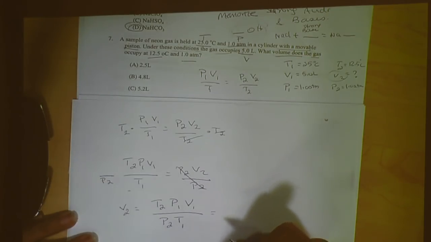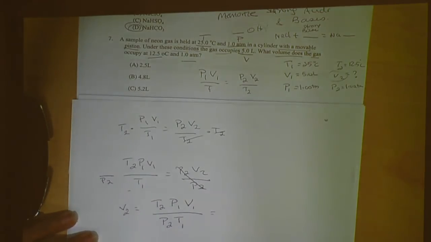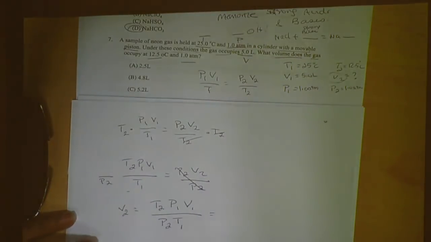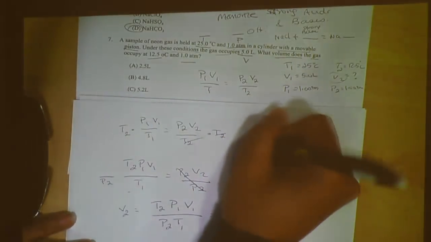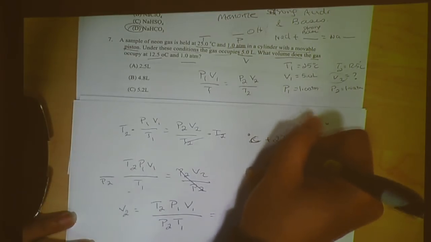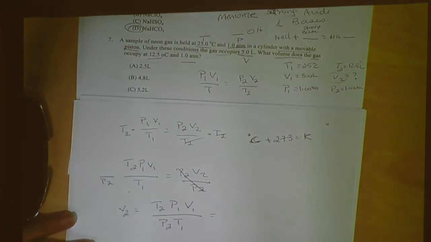Also, because these are gas laws, always convert degrees Celsius to Kelvin, and everything has to be in liters and atmospheres. To convert from degrees Celsius to Kelvin, degrees Celsius plus 273 is Kelvin.